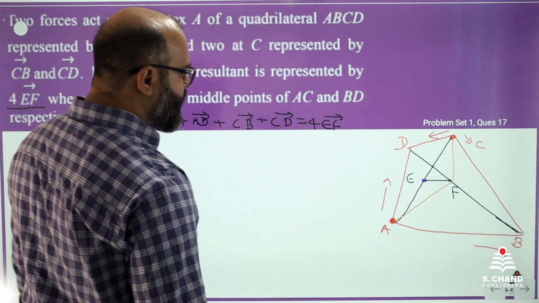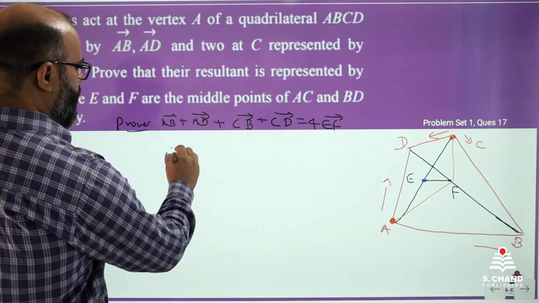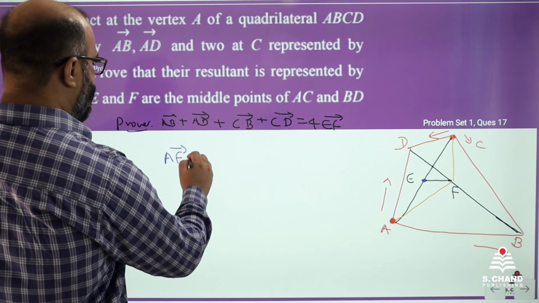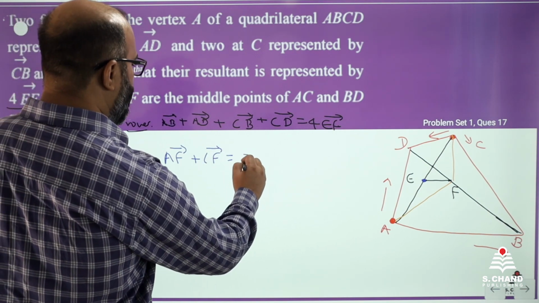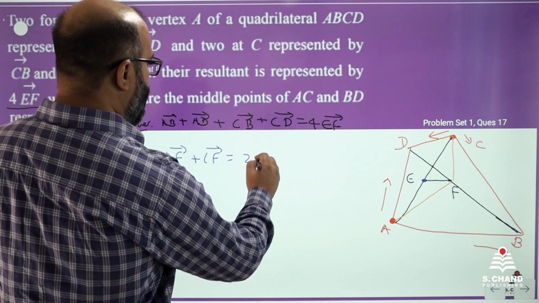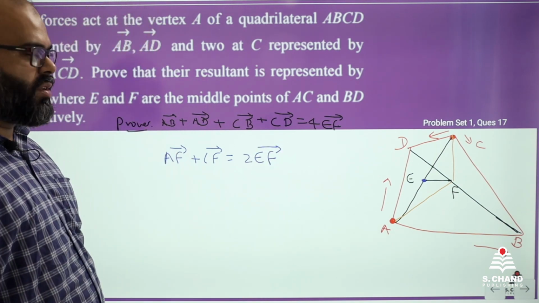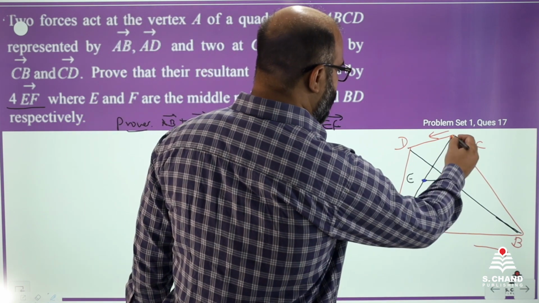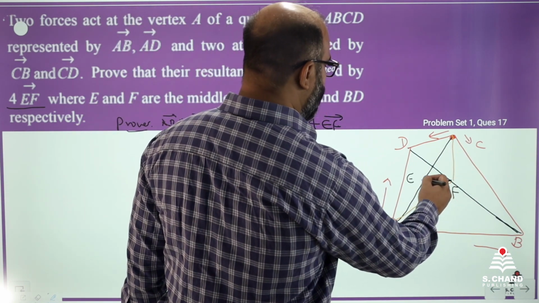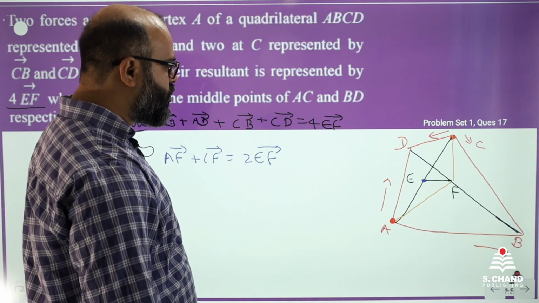So we can always say that AF plus CF is equal to 2 times of EF. This is a result which we know earlier, that in a triangle, if we take two sides and their resultant, then that is twice of the median EF. If you want, you can prove this result. It is not too difficult.